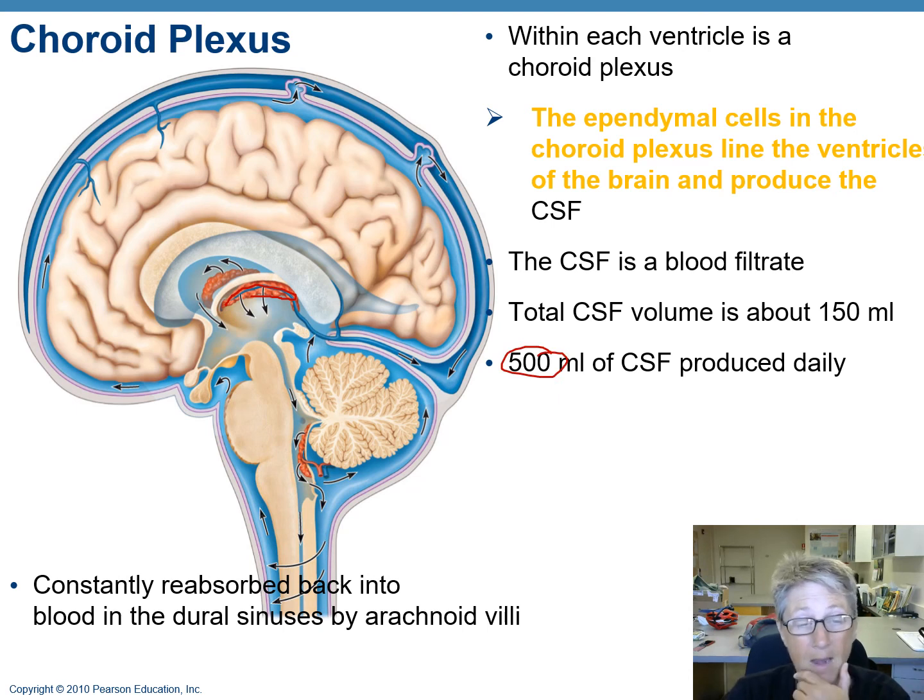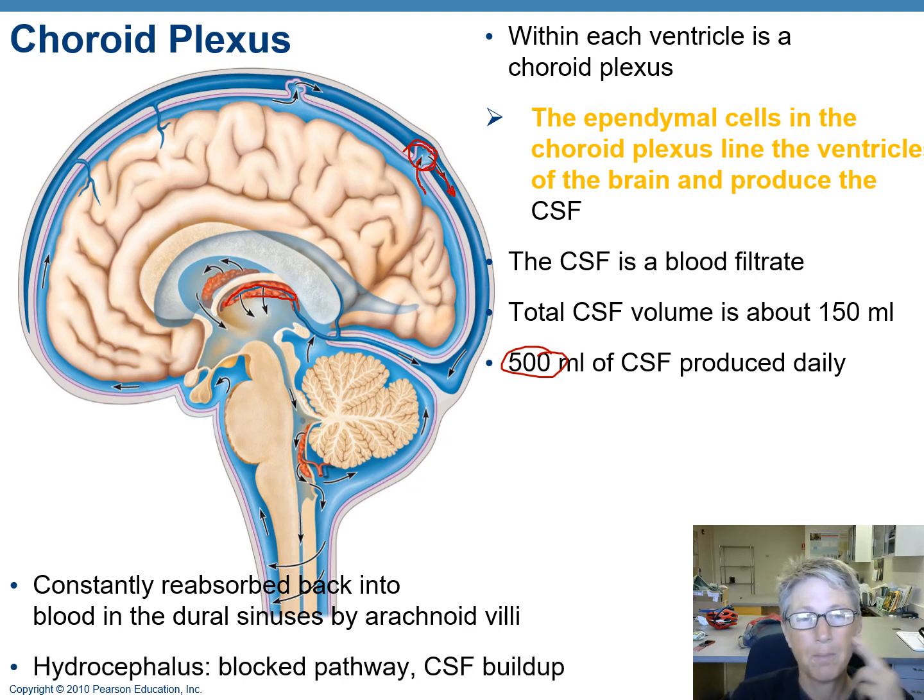CSF is made and is constantly being reabsorbed back into the blood via the villi. You can see this black arrow taking the CSF into the villus. The villus will go back into this subdural sinus. From there, it's a vein, so it'll get the blood back into the vascular system.